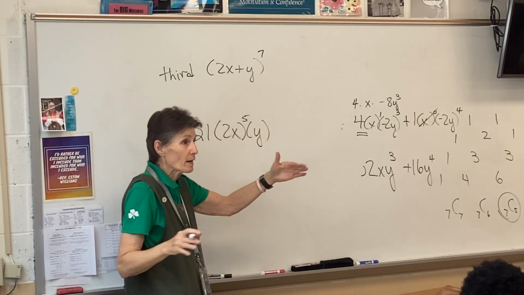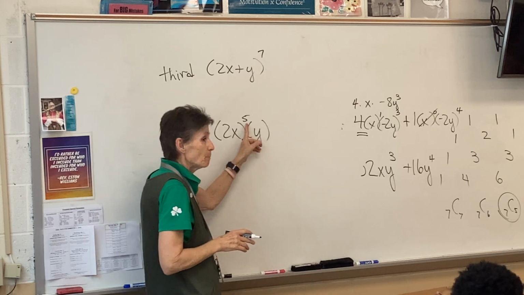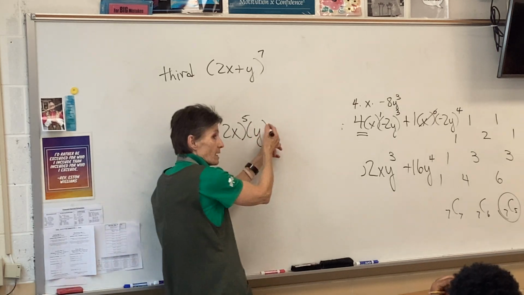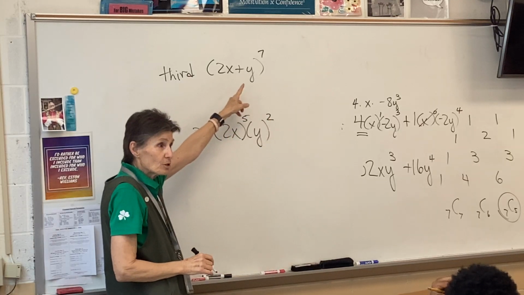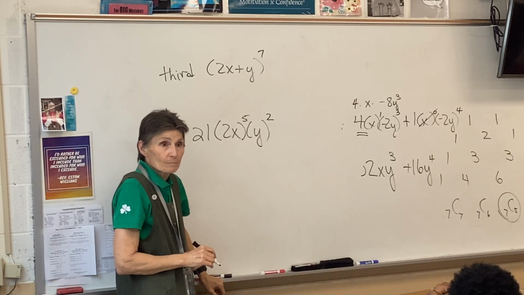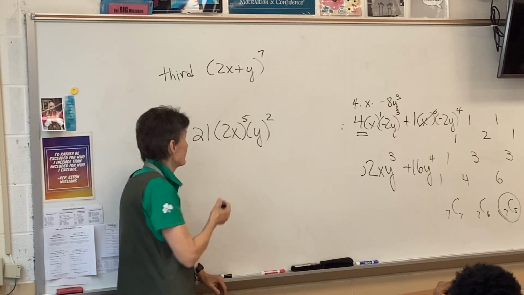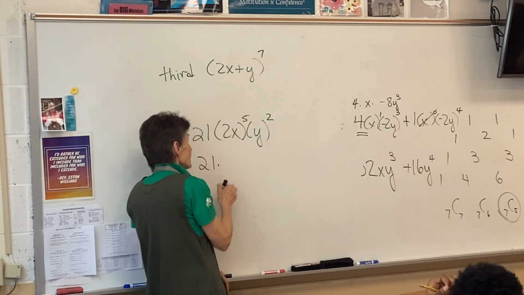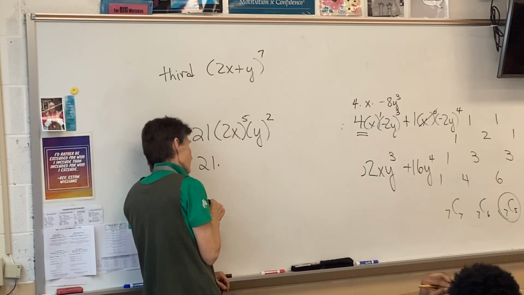I just don't have to write them all out this time. The minute I put a 5 there, I know this one's got to be a 2, because they got to add up to 7. And now I'm ready to simplify. So I have 21 times, what's 2 to the 5th? No.